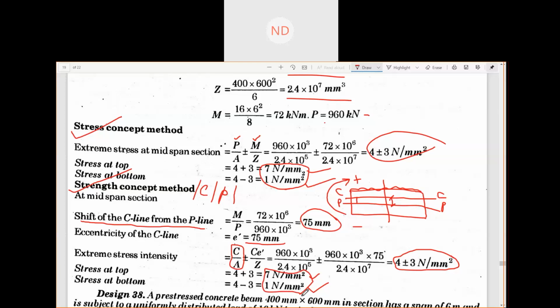Understood this? In the strain concept method, there is no eccentricity of the tendon line with the CG, but the C line has an eccentricity with the CG. Okay, fine. Is my voice clear to you all?